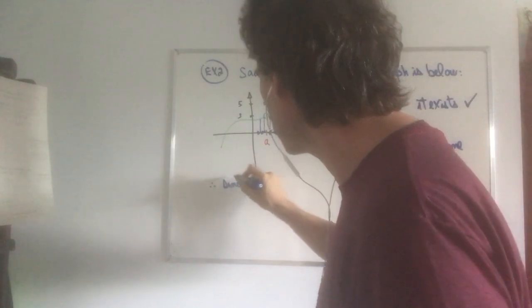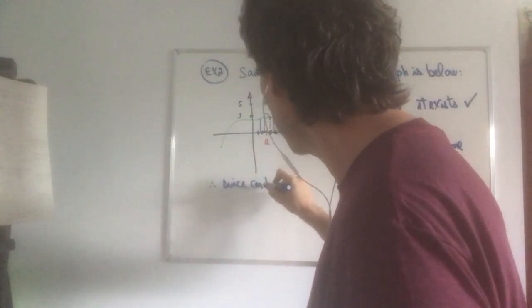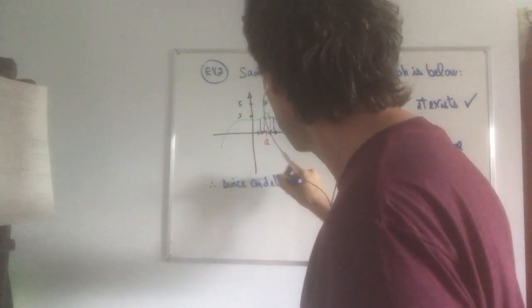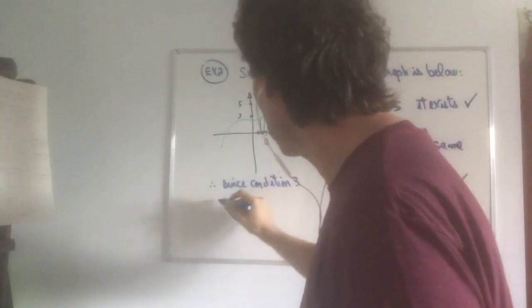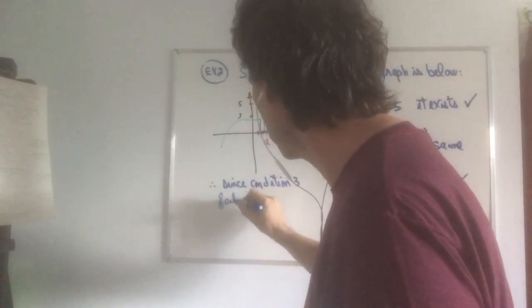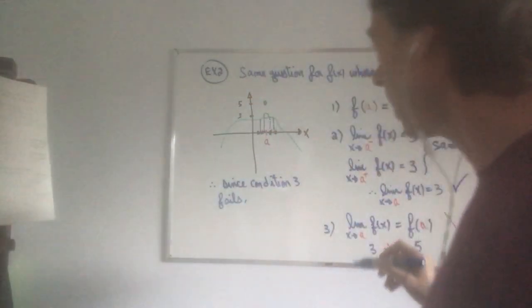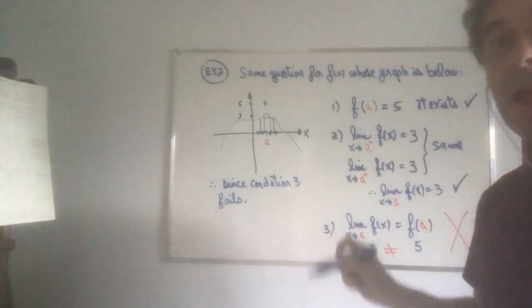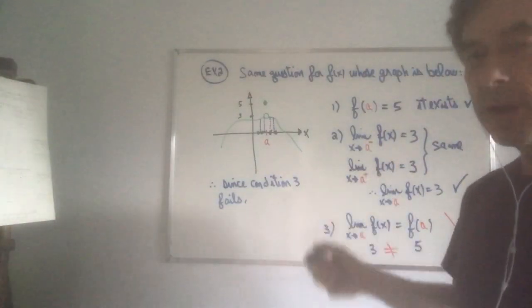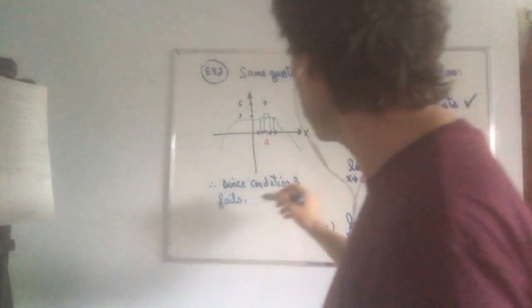Since condition 3 fails, then we conclude what? Well, in order for me to have a continuous function at a point, I basically need all of my 3 conditions to be satisfied. It's not the case.